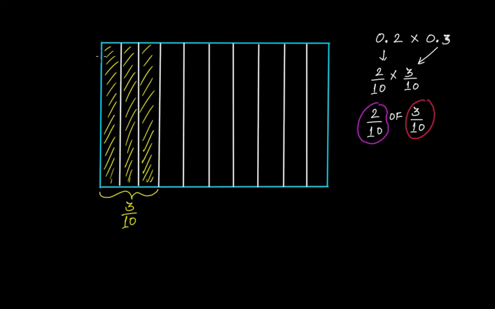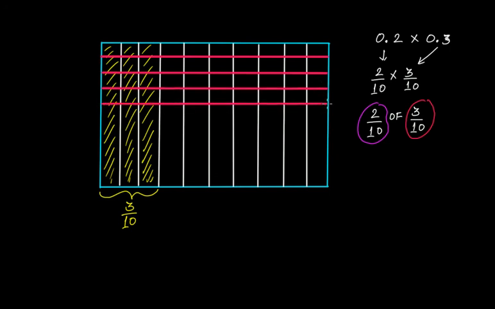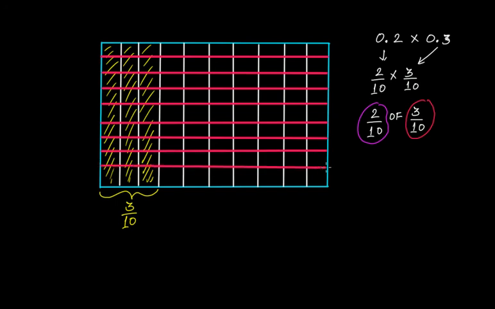Let's divide it. So this is the first one, second, third, fourth, fifth, sixth, seventh, eighth, ninth, and 10th.